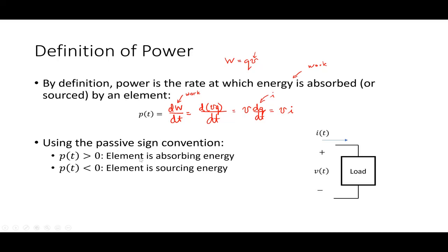If power is positive, it means that energy is being absorbed by whatever element I have, and we say we have a load. And if power is negative, the element is sourcing or supplying energy to other systems, so I have a source. It's important to remember that power is the rate at which energy is used.